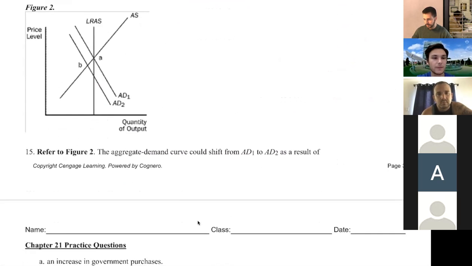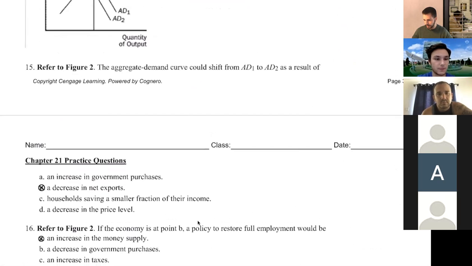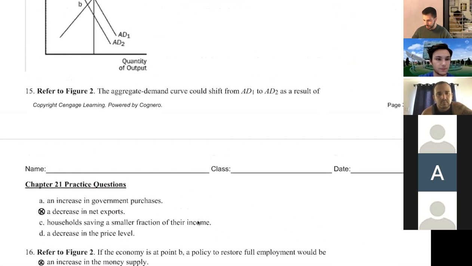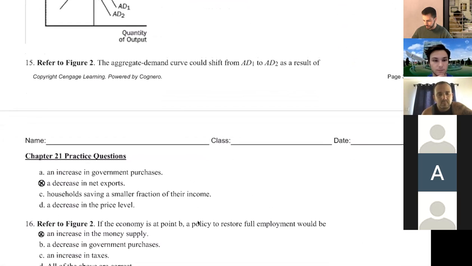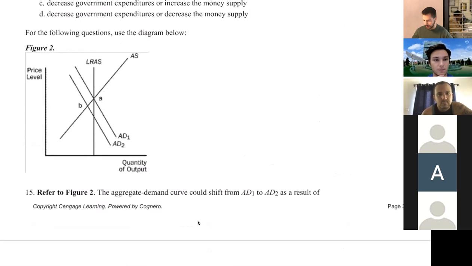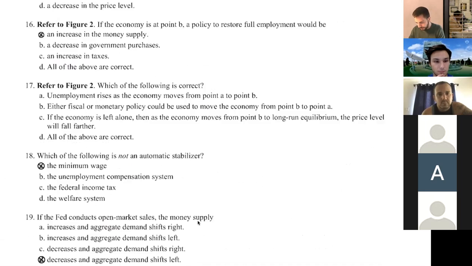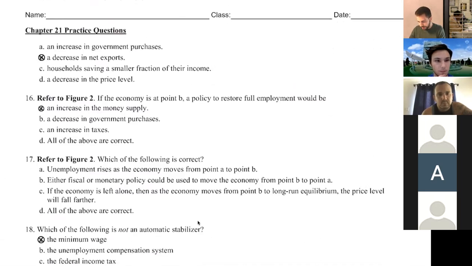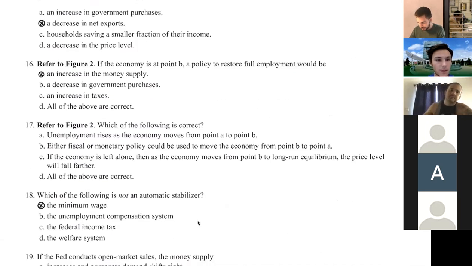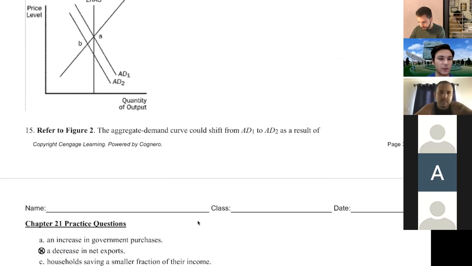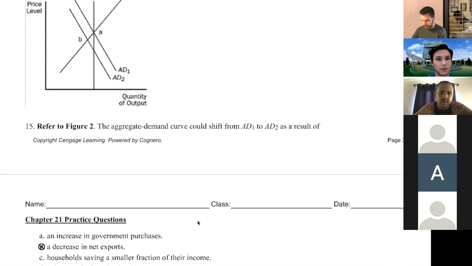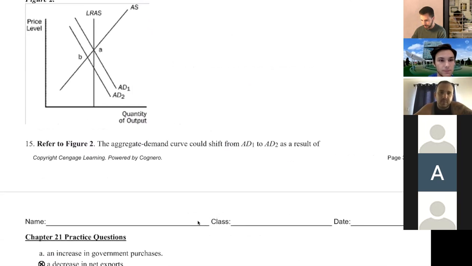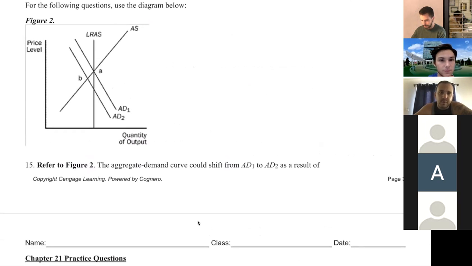Fair enough. Yeah, so now figure 2, the aggregate demand curve could shift from a decrease in net exports. With those ones I didn't really. Did you do any of those, like the explanation? Yeah, I did the explanation for number 17. Wouldn't the figure that you just showed be a determinant of why it would shift, or no? Yeah, definitely.